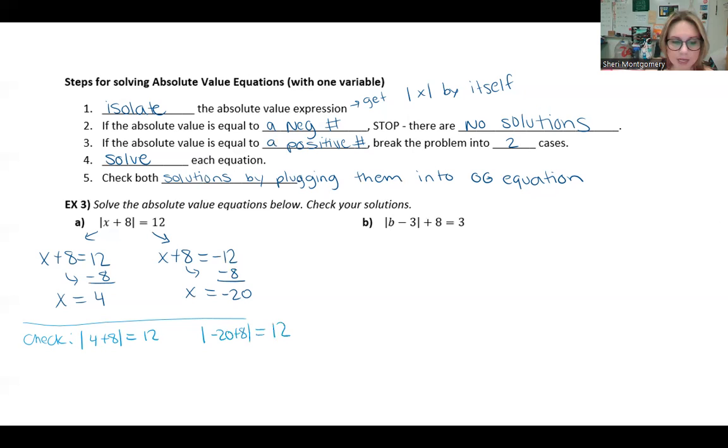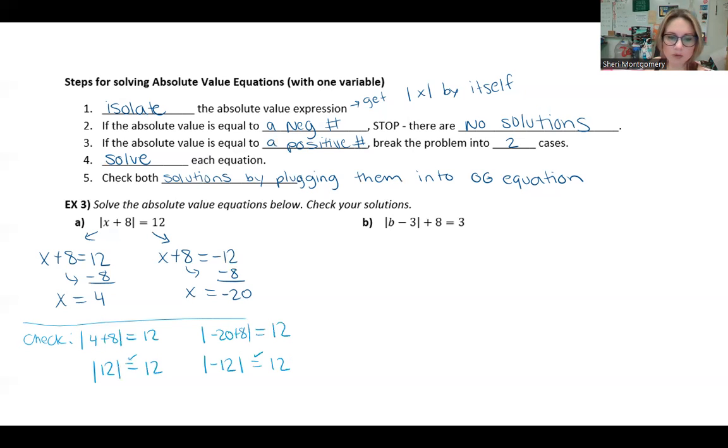So the one on the left, I get 4 plus 8, and that's the absolute value of 12. Does that equal 12? Yeah, that one's good. It works. The one on the right, I have negative 20 plus 8. So I get negative 12, or absolute value of negative 12. Is that also equal to 12?